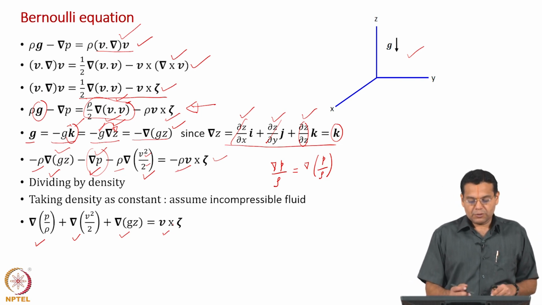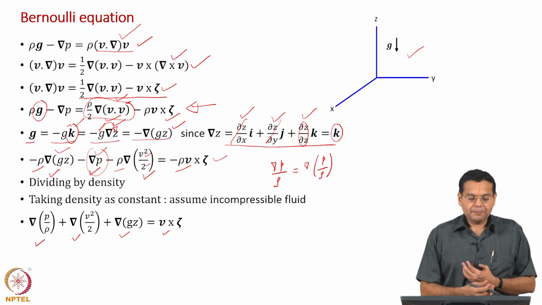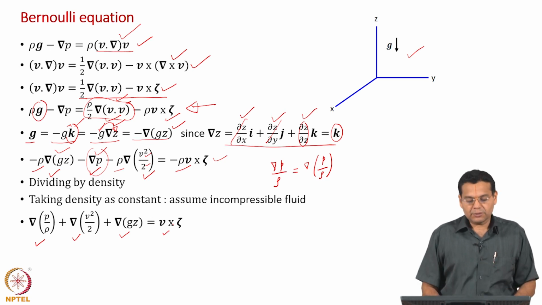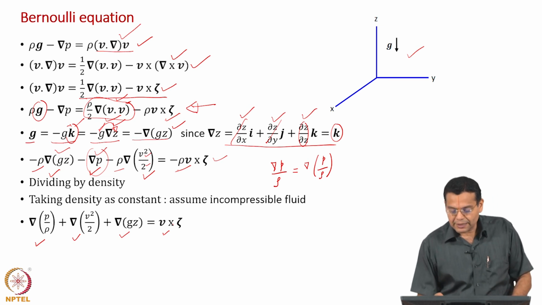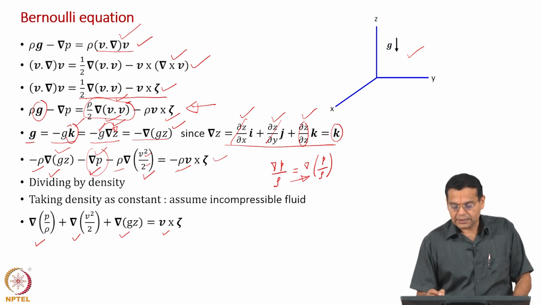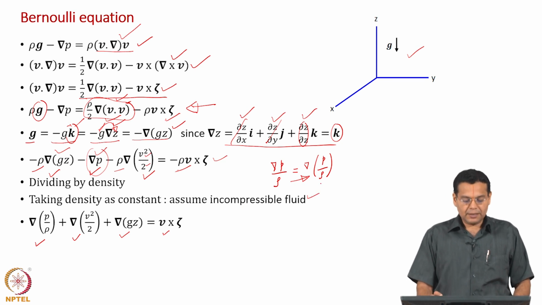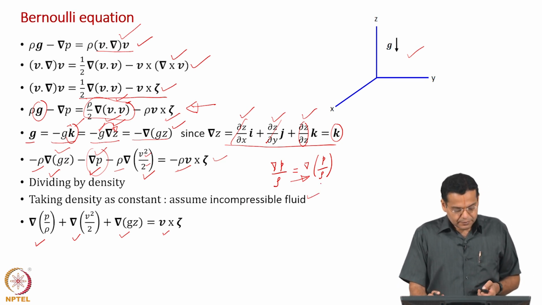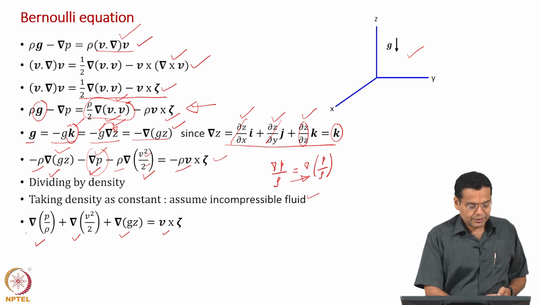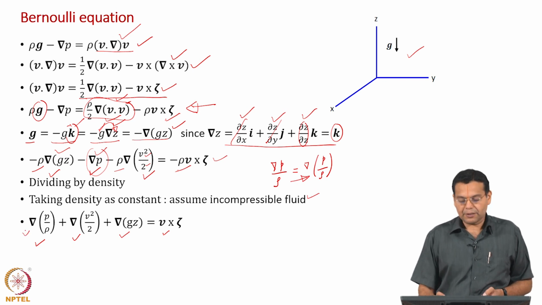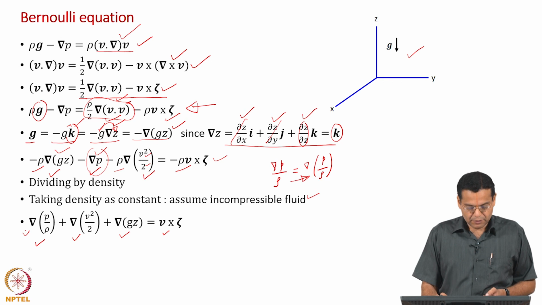So in the previous equation the minus sign cancels out, and we divide by rho and bring it inside. This can be done only if I assume an incompressible fluid. That is what has been done here, we have written gradient of P by rho. Now let us proceed further.